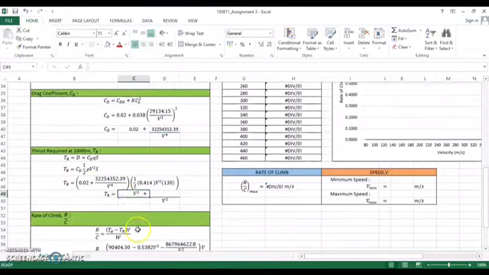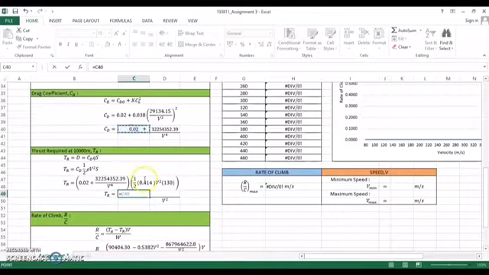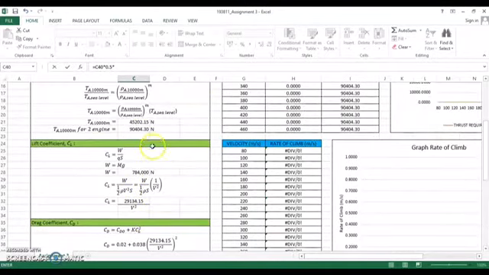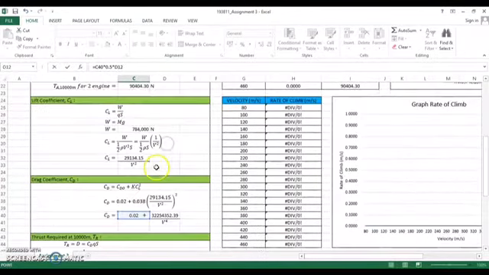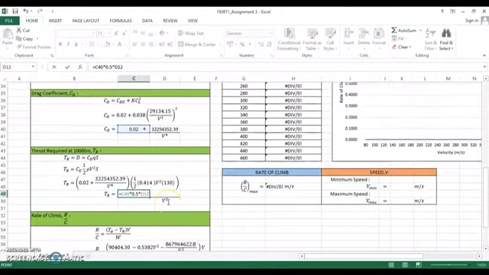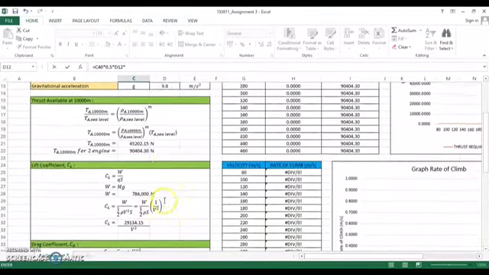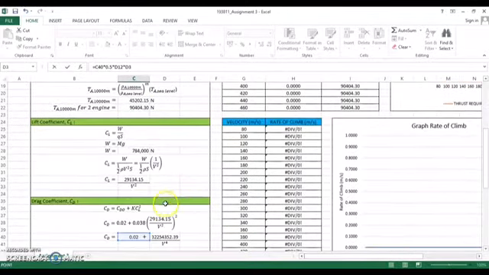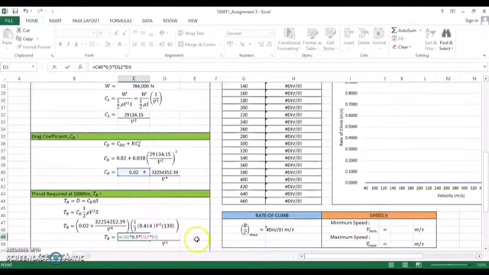So 0.02 multiplied with 0.5, multiplied with the density and multiplied with the wing area. And you will get the answer.